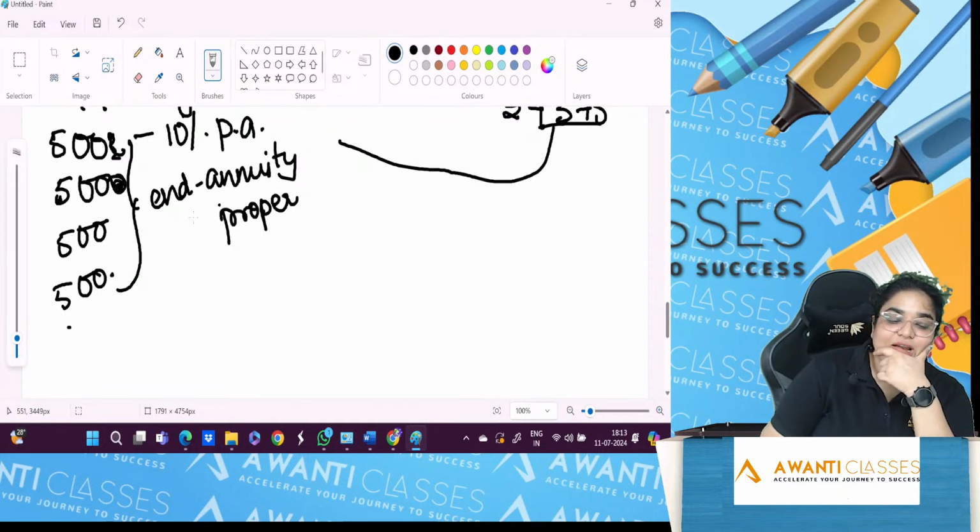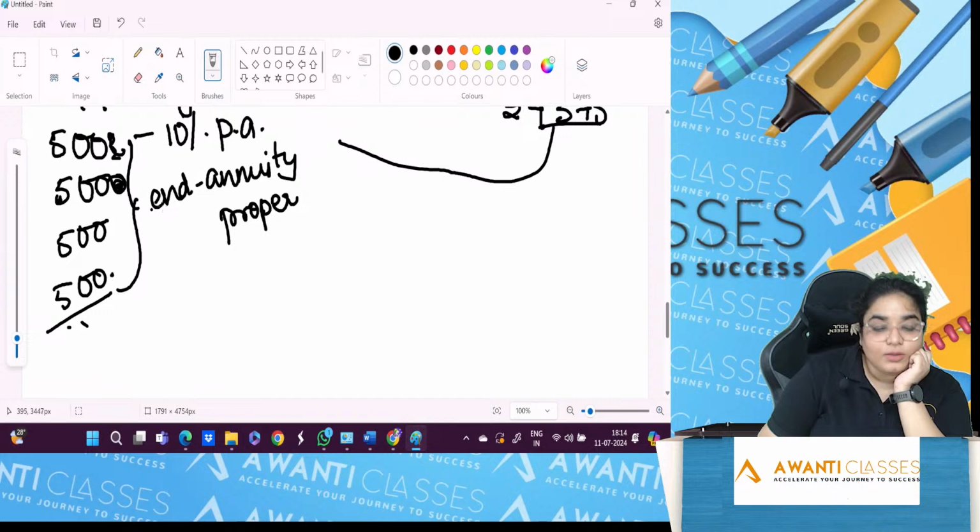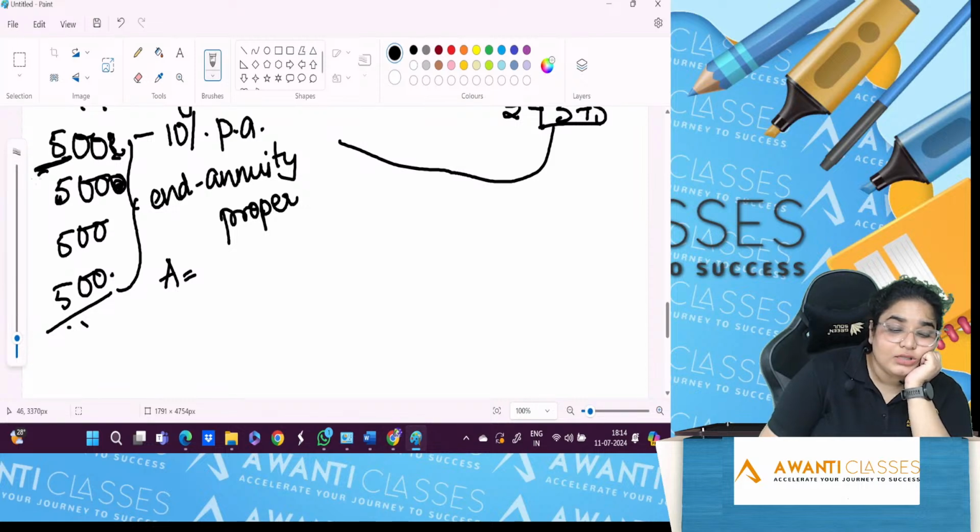Now, what is the value after 4 years? Don't say 2000. Don't simply add up and say. So, the amount for first year. When they paid at the first year ending, this 500 rupees will stay with the bank for how long? It will stay with the bank for 1, 2, 3 years. Yes or no?